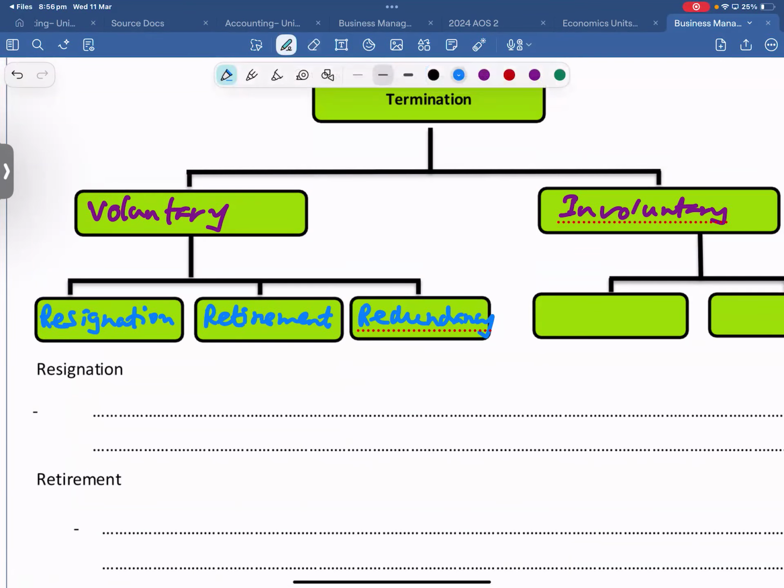What is that? Voluntary redundancy is like this. Sometimes an organization offers employees, openly, to quit the job with a pay package. Oh, I know. You know that one.